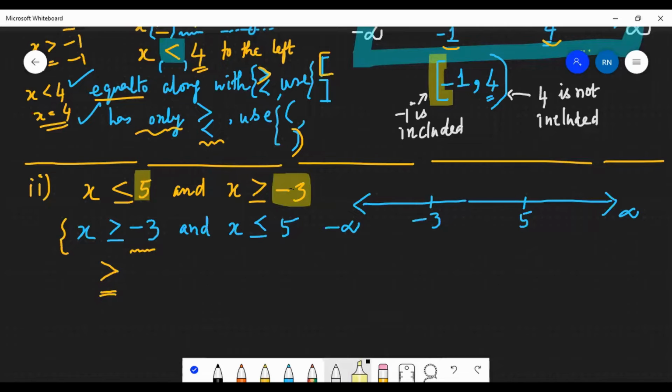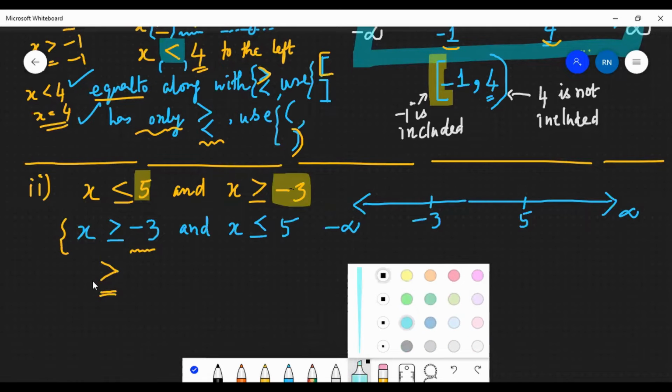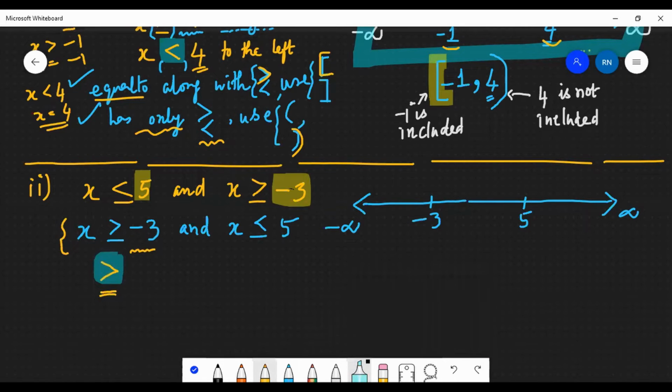The idea for greater than is to start from minus 3, and it is the region on the number line to the right. Because equal to is there, I can also make a dot including minus 3. I start shading to the right.